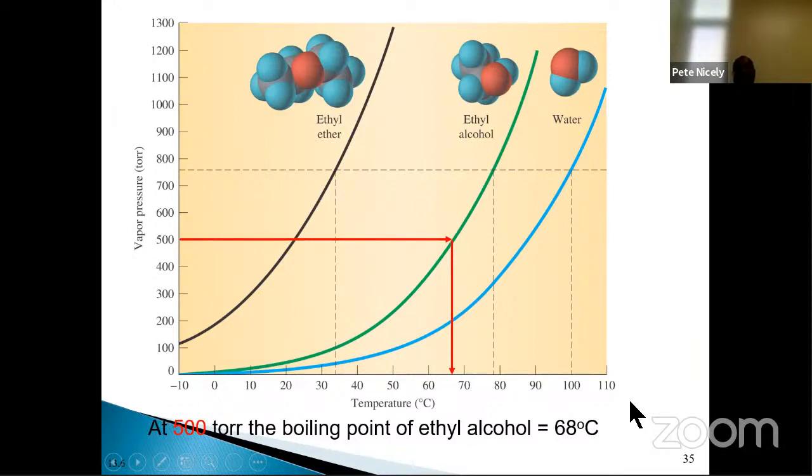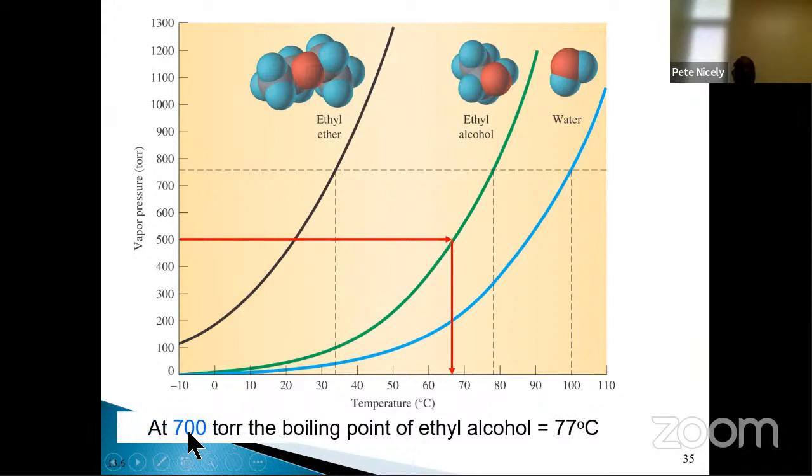That's how you can determine the boiling point of a liquid using the vapor pressure versus temperature curve at pretty much any pressure. Once you have the pressure value here, you can determine the corresponding boiling point.